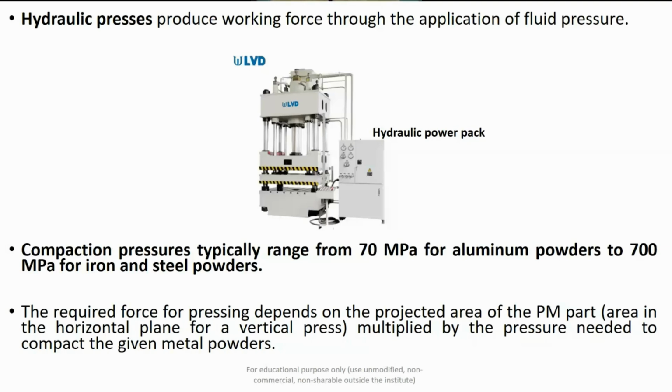And what is this projected area? This is the area present in the horizontal plane for a vertical press. You multiply this area by the compaction pressure, and it gives you the force required to press the metal powder into the die cavity.